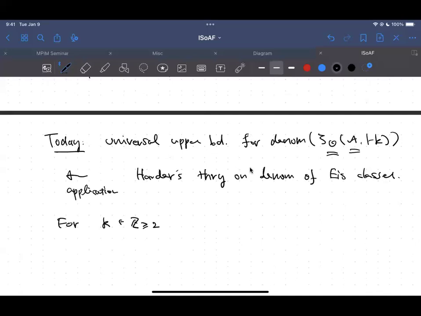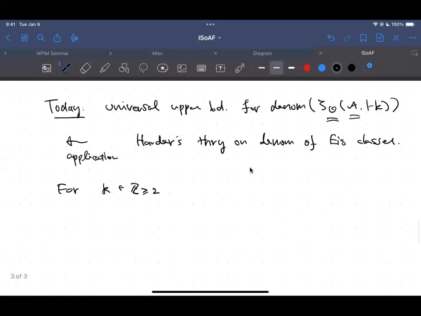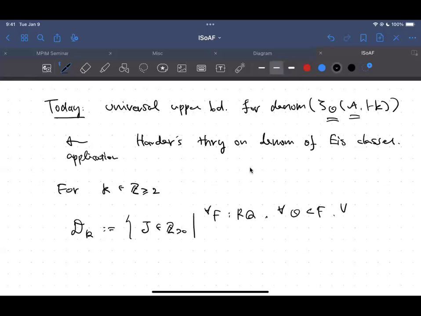It is the set of positive integers which scale all the denominators. That is, for every real quadratic field, for every order in F, and for every ideal class, J kills the denominator of these partial zeta values.